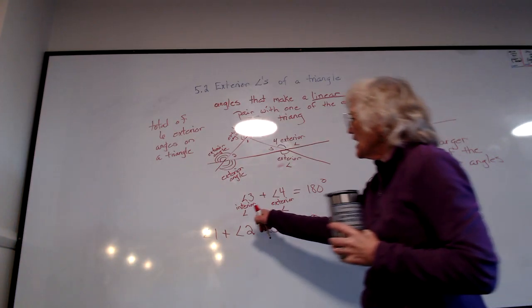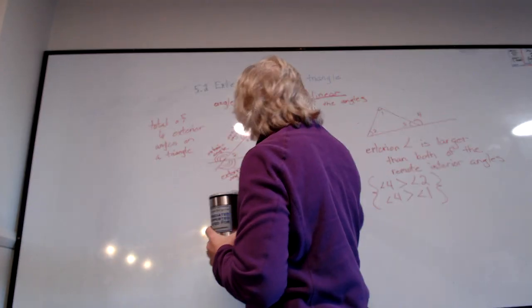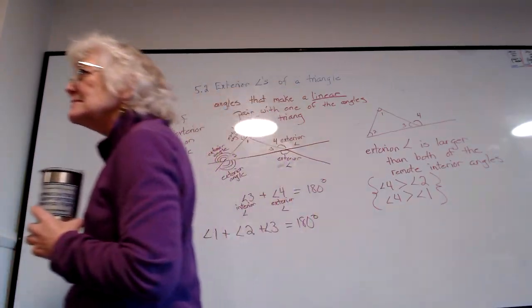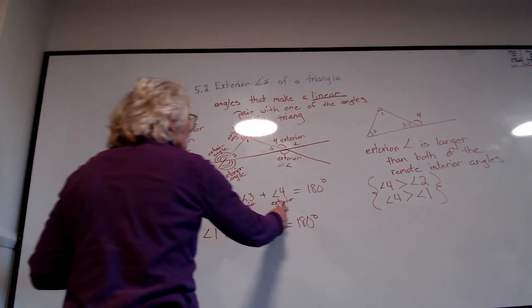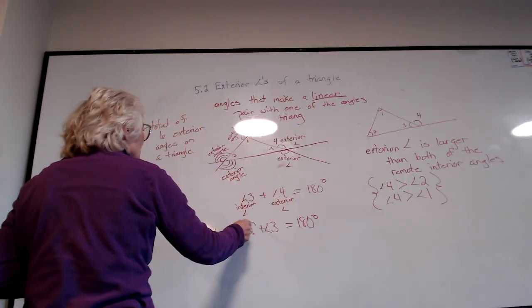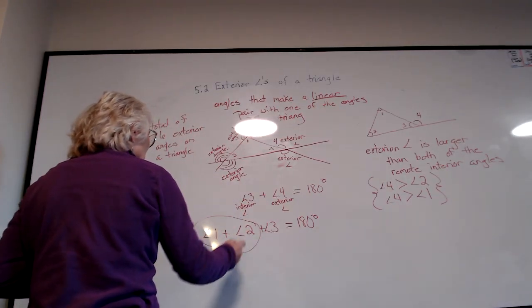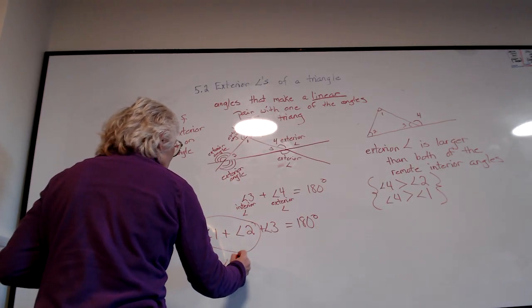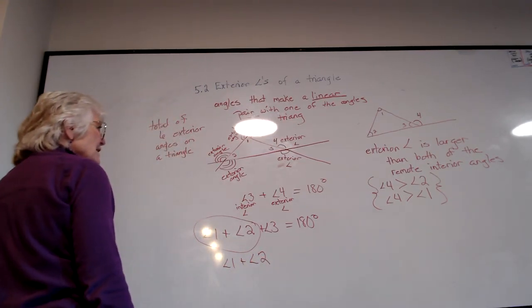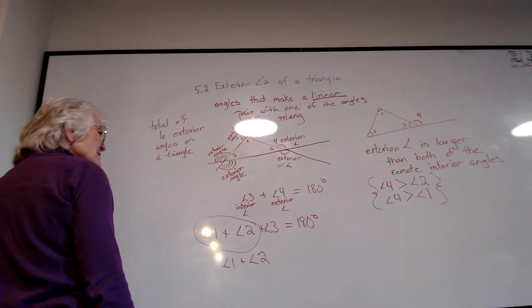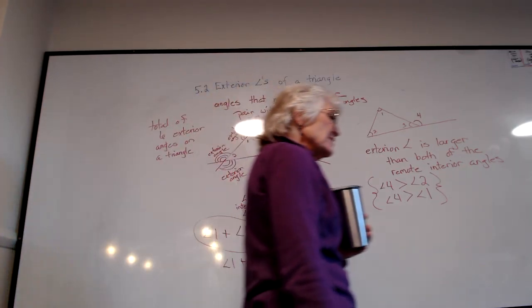We also know that angle 3 and angle 4 equal 180 degrees. Okay? So if that's true, if angle 3 plus angle 4 equals 180, and angle 1 plus angle 2, okay, what is angle 1 plus angle 2 actually going to equal?